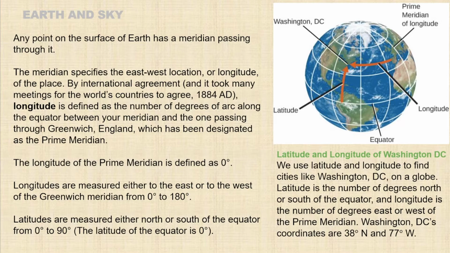Greenwich, England. They said, let's draw a line that goes through Greenwich to the North Pole and South Pole, and call that the Prime Meridian, or the starting point. Because Earth is a sphere, there is no end point, right?